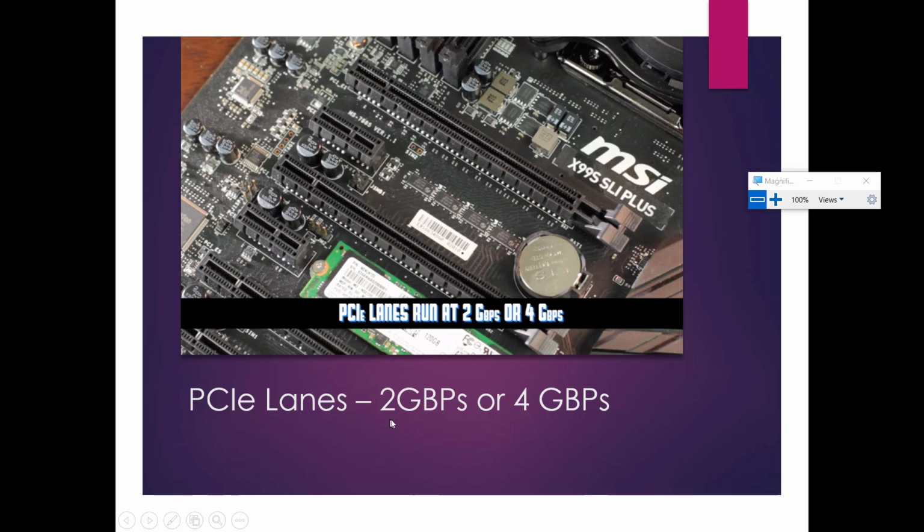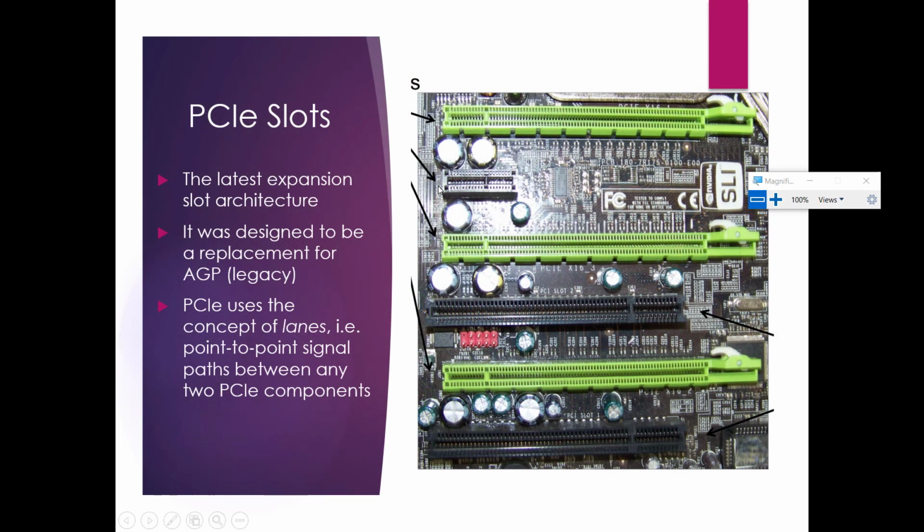So PCIe lanes are 2 gigabits per second or 4 gigabits per second lanes. That translates to the data they can transfer, which is not megabits anymore, it's gigabits now, right? With PCI slots, we were talking about megabits, which is slow. Now it's gigabits, and it can go up to 20 or 30 gigabits in newer motherboards.